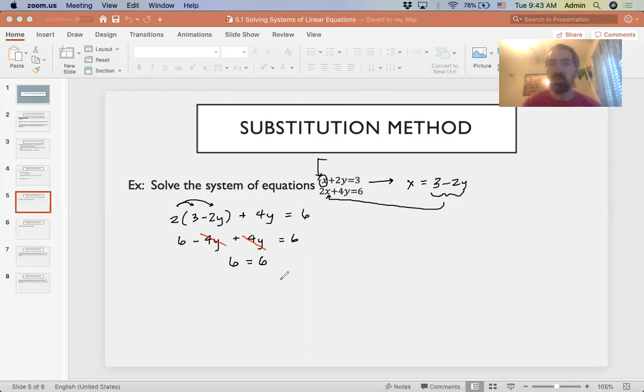Since there is no variable and 6 does equal 6, this is a true statement, which means you can plug any number into y and it will result in a true statement. So we have infinitely many solutions in this case, when the variable cancels and we're left with a true statement.